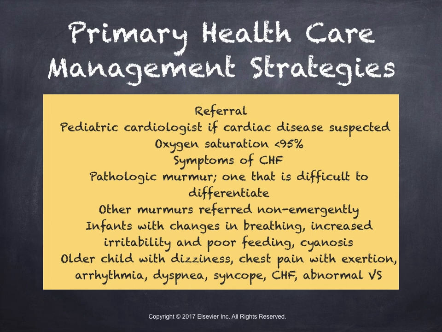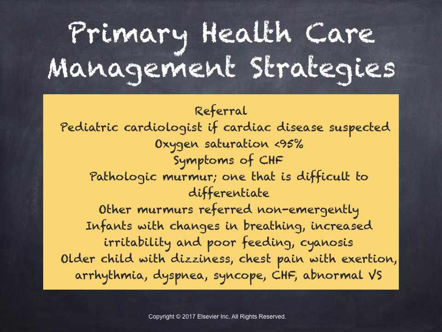We generally refer to a pediatric cardiologist if there is any abnormal cardiac finding on exam, including hypoxia that isn't pulmonary related, a child that has evidence of congestive heart failure, any murmur that is pathologic, and the criteria for that is listed in your textbook.